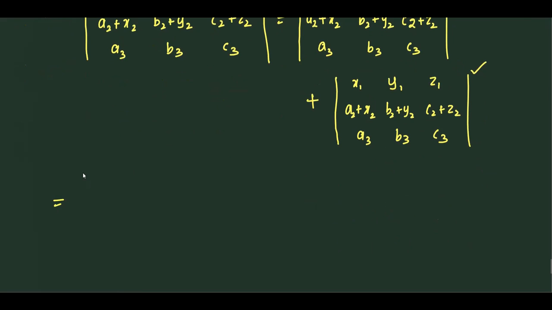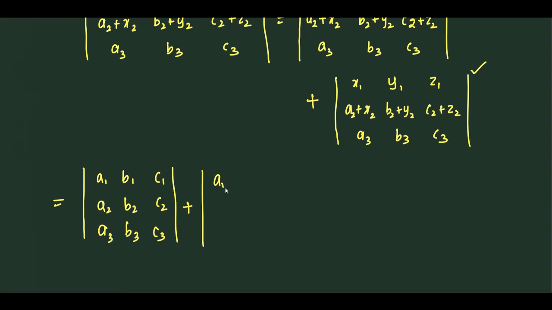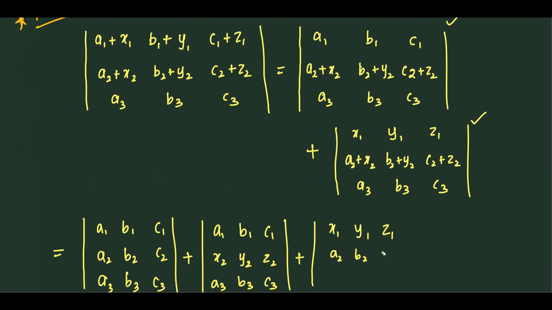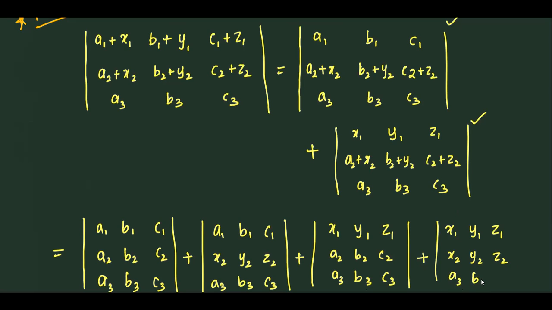So you get 4 terms basically: a1, b1, c1, a2, b2, c2, a3, b3, c3, plus a1, b1, c1, x2, y2, z2, a3, b3, c3, plus x1, y1, z1, a2, b2, c2, a3, b3, c3, and this one, x1, y1, z1, x2, y2, z2, a3, b3, c3.